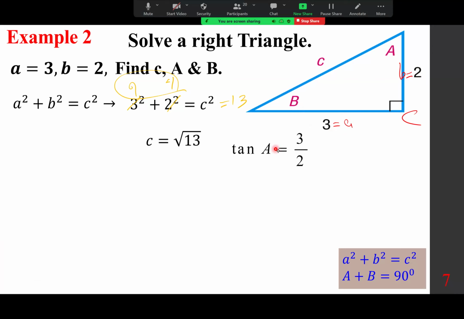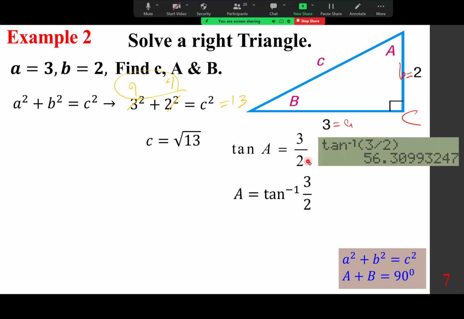So how do we find A? A is the tan inverse of 3 halves. Now use a calculator. And if we stop here, okay, 56.3 degrees. If we stop here, okay, then because of 9, we change it to 1. It depends on how many decimals they want. Normally, they want only 1 decimal for angles, but pay attention to what they want.